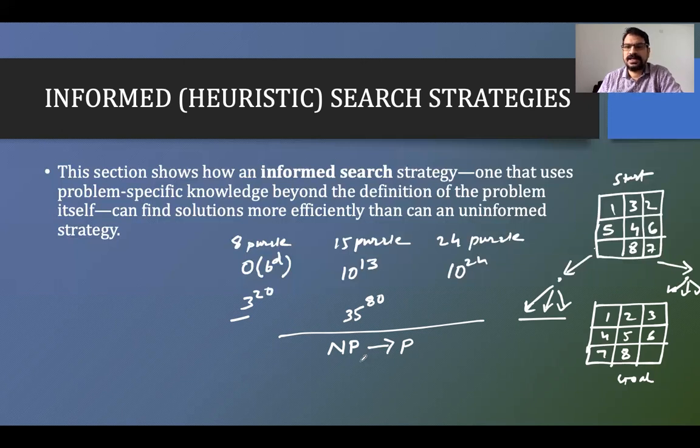Okay, so that is the issue behind informed search, because we are getting the solution quickly. It may be optimal, it may not be optimal, but it is a solution. But definitely, if we are using an uninformed search strategy, we will get the optimal solution all the time.